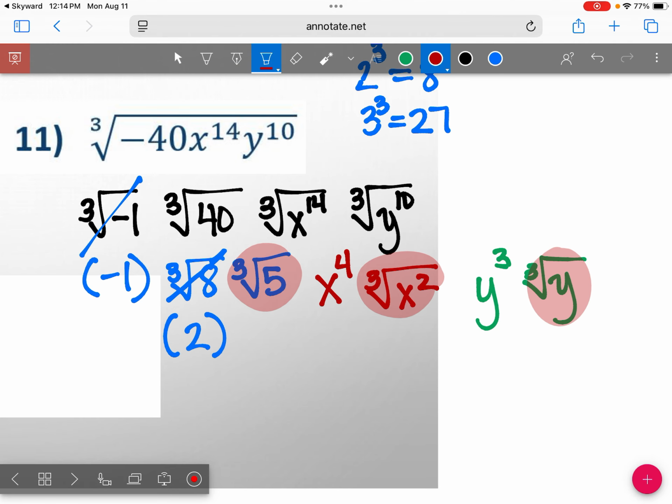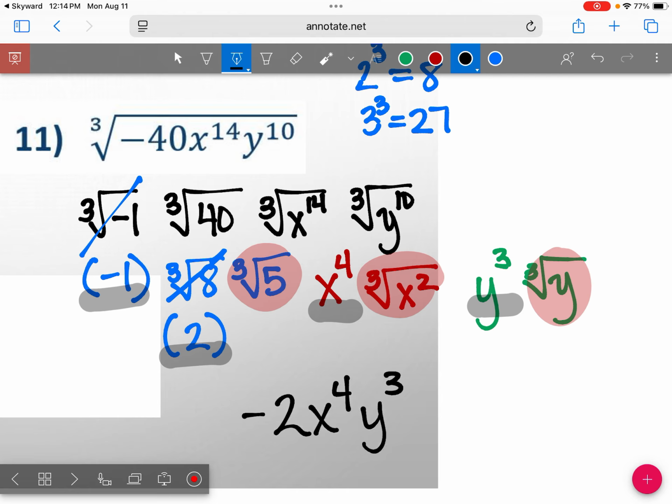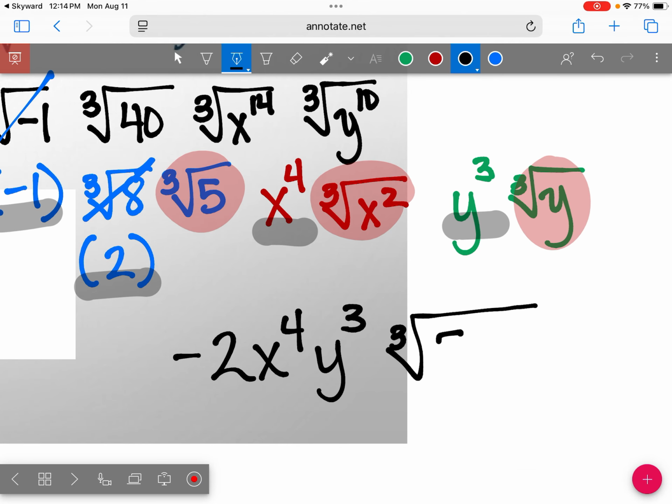Everything that comes out would be the -1 times 2, the x to the 4th, and the y cubed. So my answer is going to be -2 x to the 4th, y to the 3rd, because all of that can come out. And then under the cube root, I have a 5, an x squared, and a y.